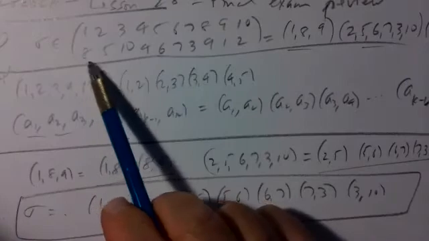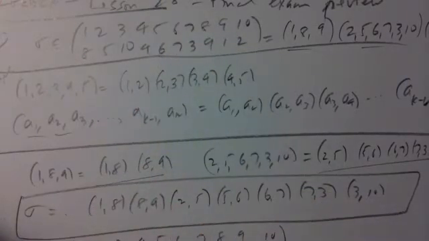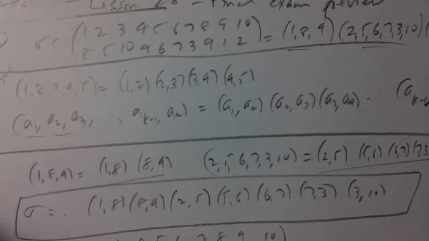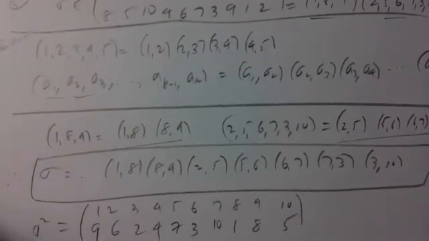So 1 goes to 8, goes to 9. 2 goes to 5, goes to 6. 3 goes to 10, goes to 2. 4 goes to 4, goes to 4. 5 goes to 6, goes to 7. 6 goes to 7, goes to 3. 7 goes to 3, goes to 10. 8 goes to 9, goes to 1. 9 goes to 1, goes to 8. And 10 goes to 2, goes to 5. So this is sigma squared.